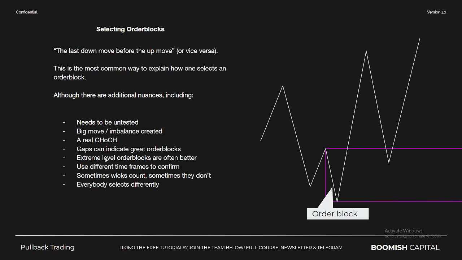Extreme level order blocks are often better. Essentially, if you have an order block here and then there was a tiny move right here and a continuation, then this tiny move would not be a nice order block compared to the larger major order block over here.